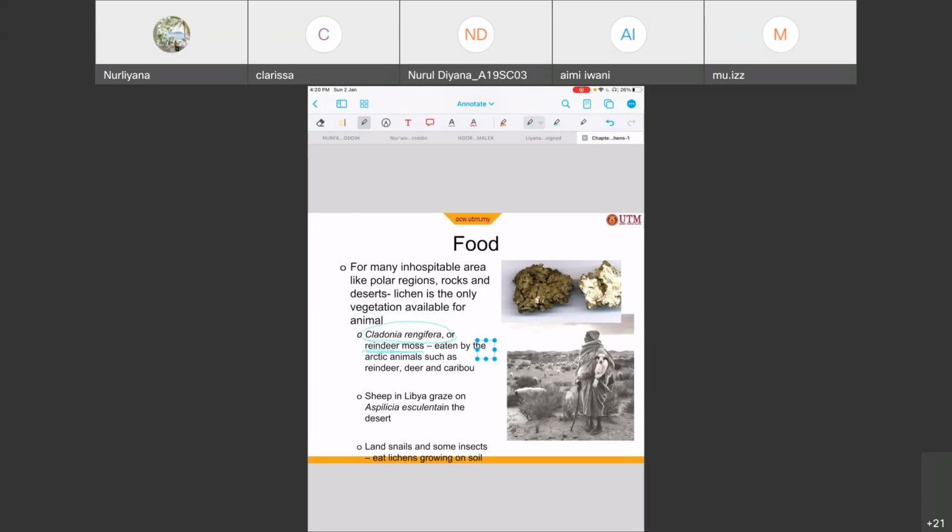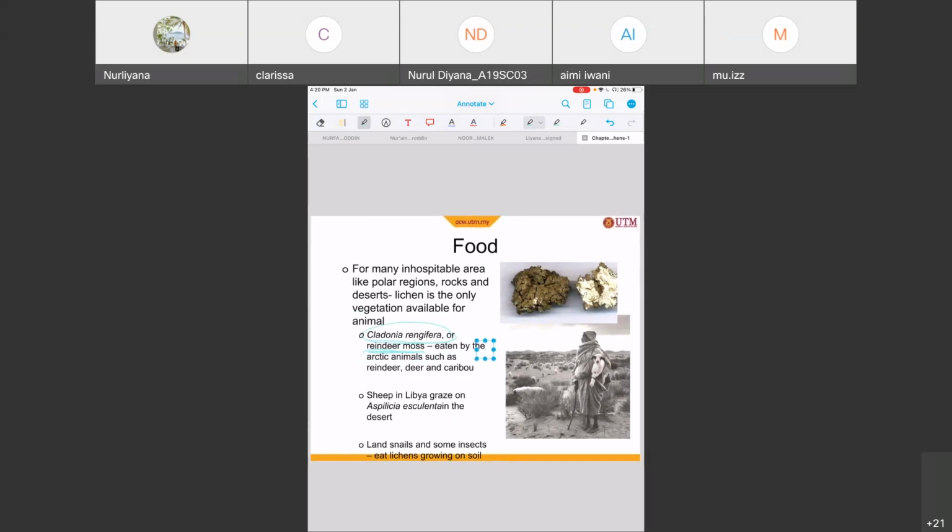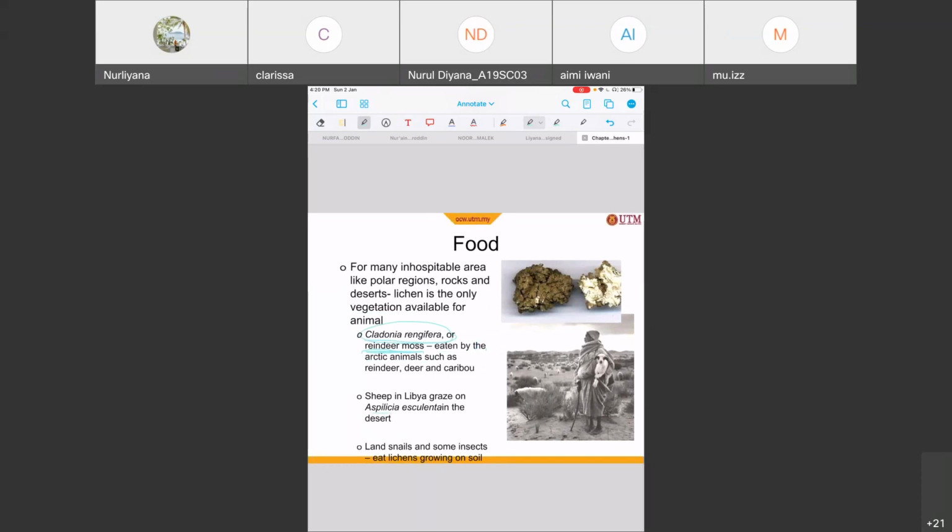Another animal is sheep. Okay, they also graze on Aspilicia. Susahnya nak sebut ni, Aspilicia species in the desert. So kita tahu kan yang lichen, they can be found very easily in the snowy area, in the desert, in very extreme weather, like very hot or very cold weather.